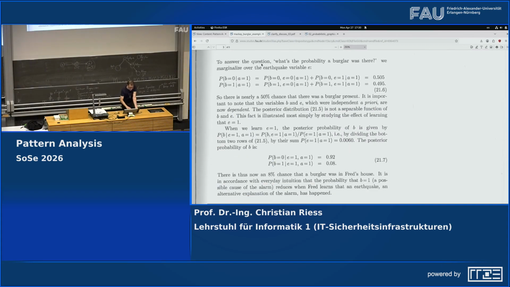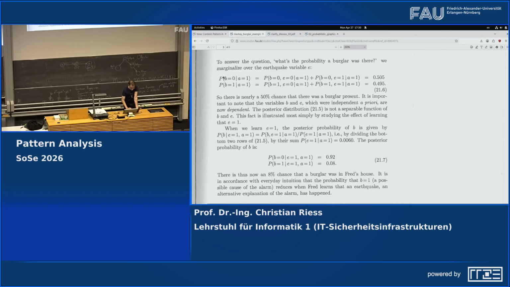So to answer the question, what is the probability a burglar was there? You need to marginalize over the earthquake variable E. So the alarm goes off, and we go over all possible earthquake events. So it was either an earthquake or it was not an earthquake.